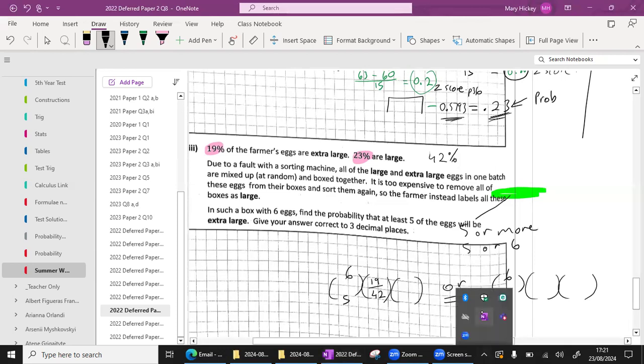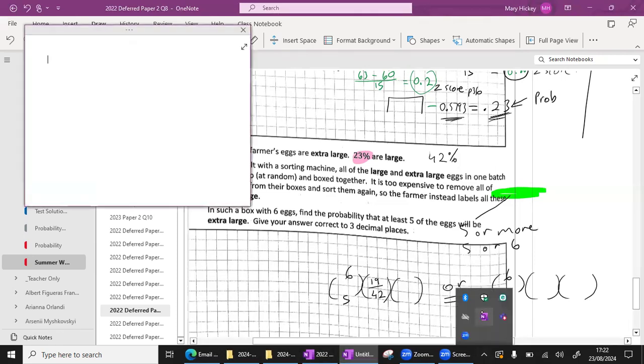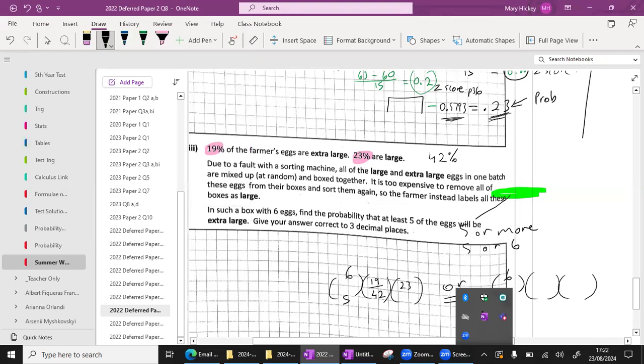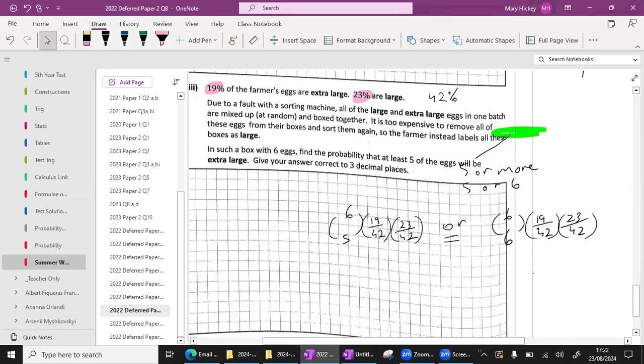So I'm going to do the same then for the next part. So I'm thinking to myself, well, what's left? Well, if I have 19 there, then the unfavorable outcome is that they're not extra large. Yeah, is the fact that they're not extra large. Okay, so I'll just sort out my powers.